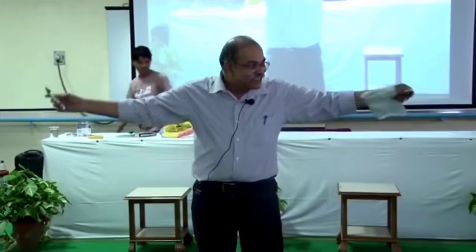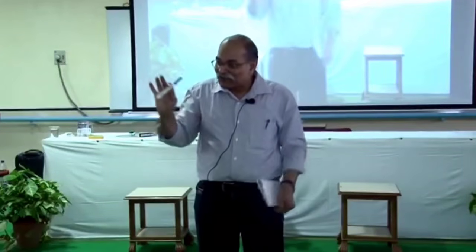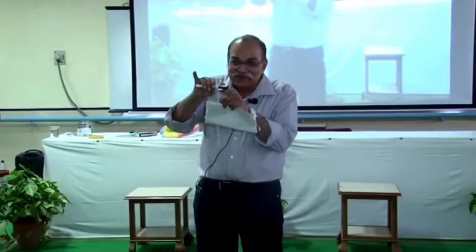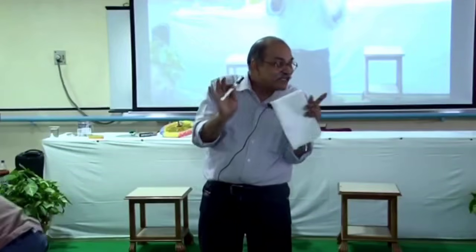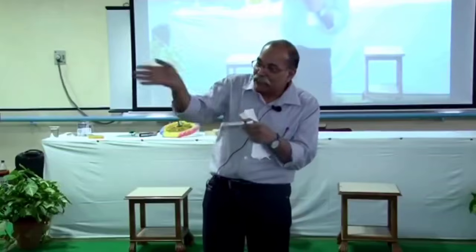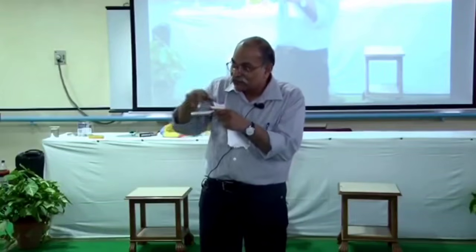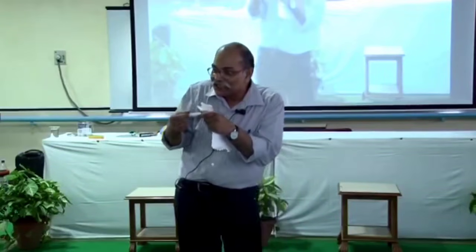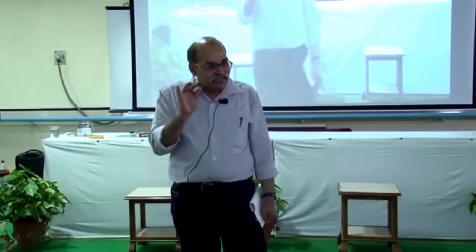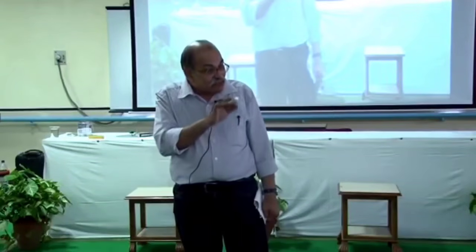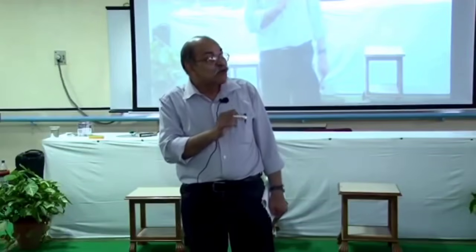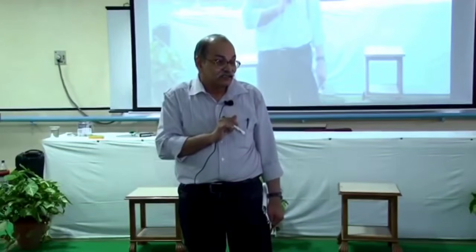As long as I am not opening the cap, the distance between this particle and this particle remains the same, and that happens for any pair of particles of this group, not the ink. I am talking about the body only. That kind of body can be called a rigid body.